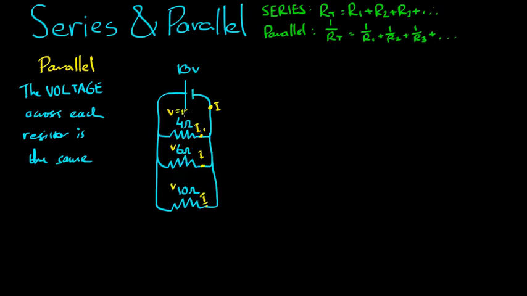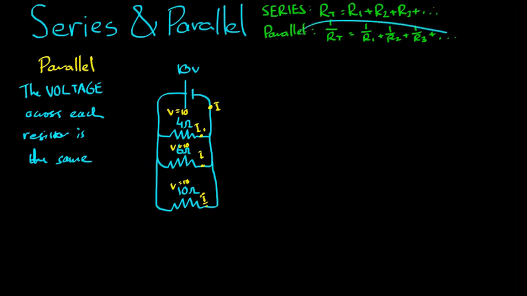Voltage is equal to 10, 10, 10. But the current that's flowing here has to split off 3 ways on the way down. So we expect that there'll be a lot more current, a lot more charges flowing around this section of the wire than this section. There's 2 ways to do this.